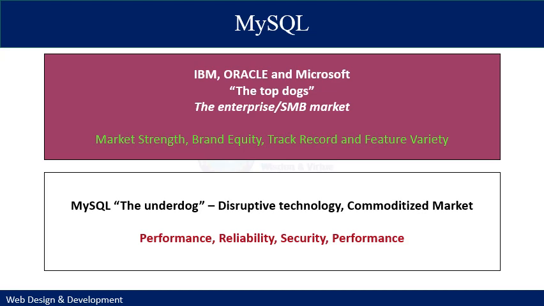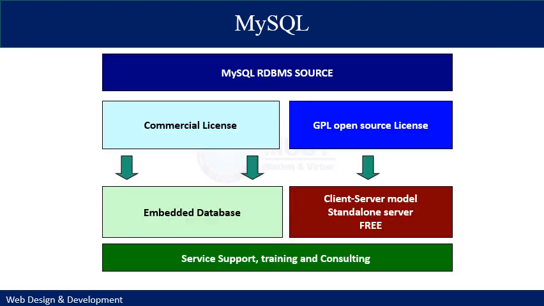business applications. So MySQL is based on MySQL Relational Database Management Server, which is open source. There are two licenses. One is a commercial license, the other is a general public license, and it is named as open source license. The commercial license is an embedded database which can be embedded to a number of applications such as cloud applications or embedded devices.